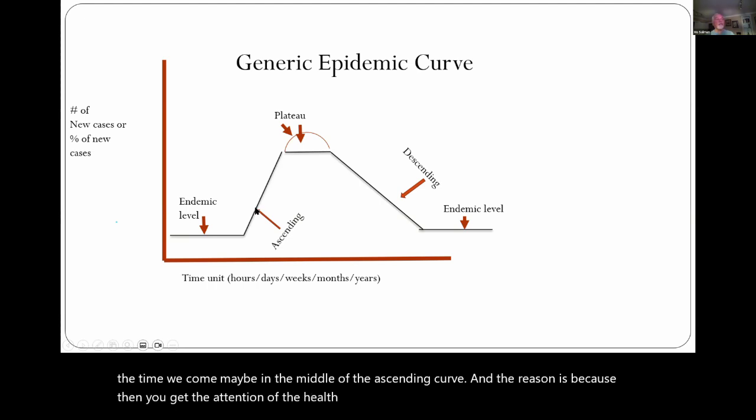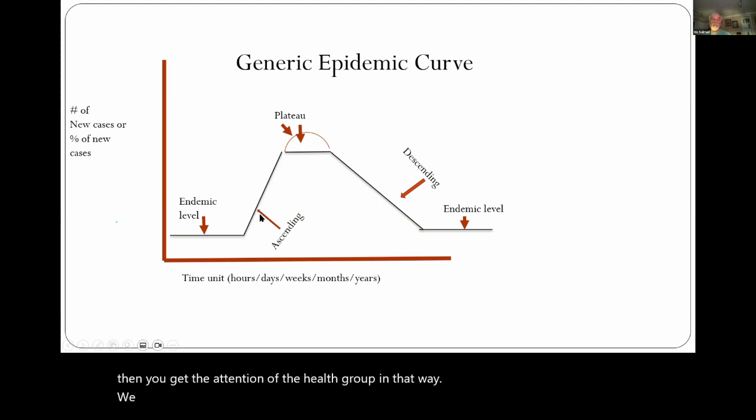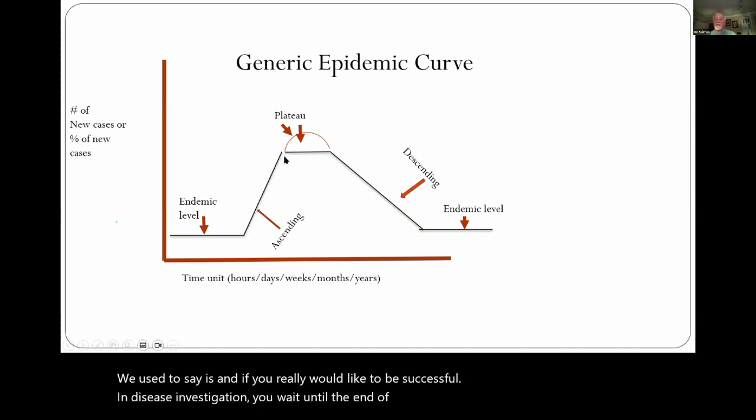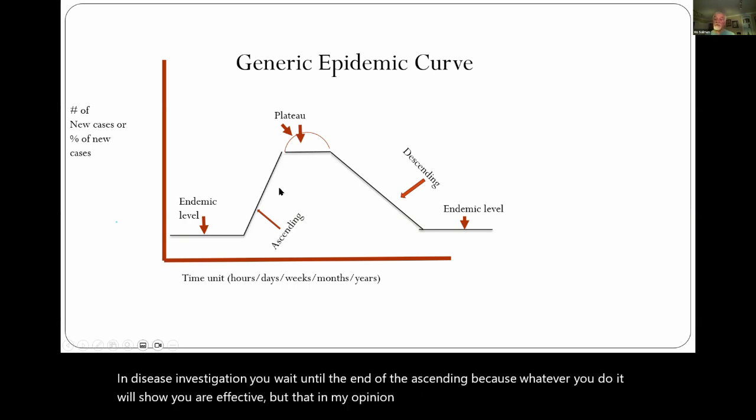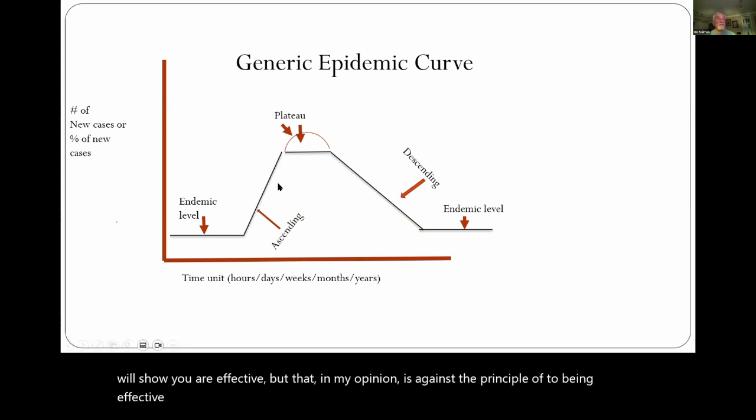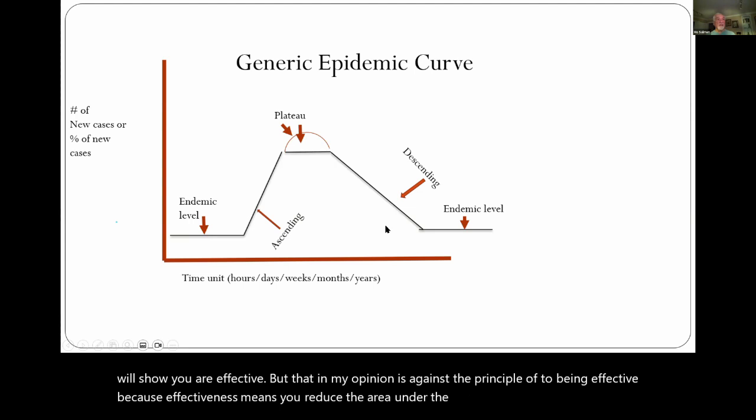We used to say that if you really would like to be successful in disease investigation, you wait until the end of the ascending, because whatever you do, it will show you are effective. But in my opinion, that is against the principle of being effective, because effectiveness means you reduce the area under the curve.